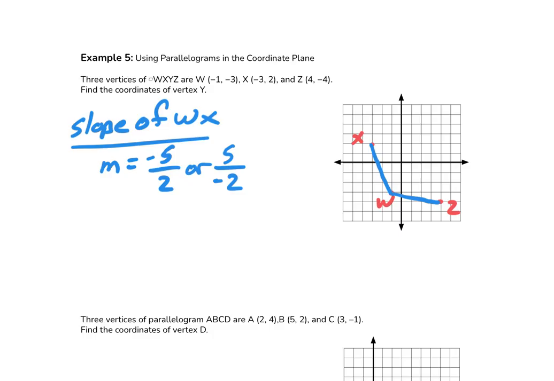So if I started at z, I'm going to use the same slope, right? I'm going to use 5 over -2. And remember that this is rise over run. So that tells me from z, we're going to go up 5, 1, 2, 3, 4, 5, and left 2.